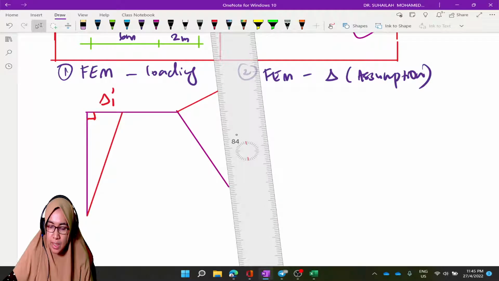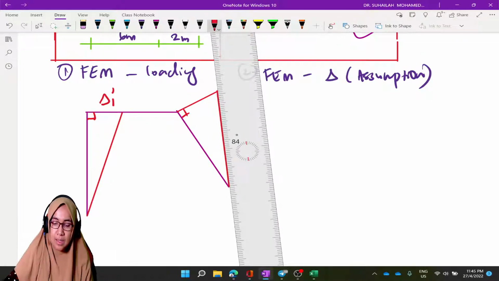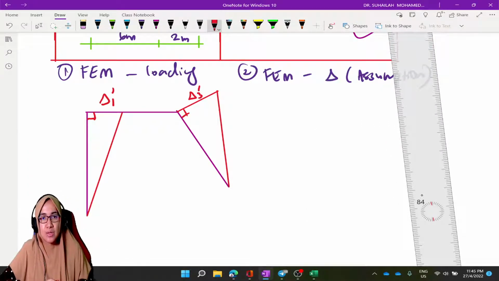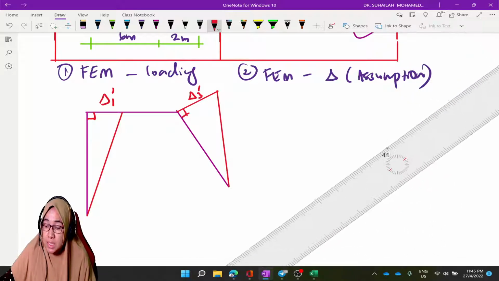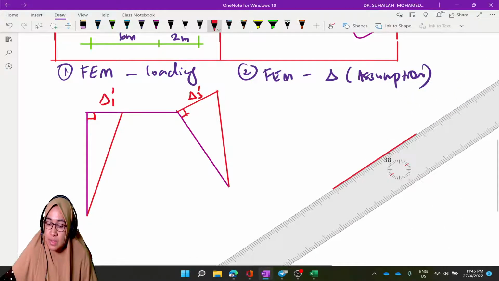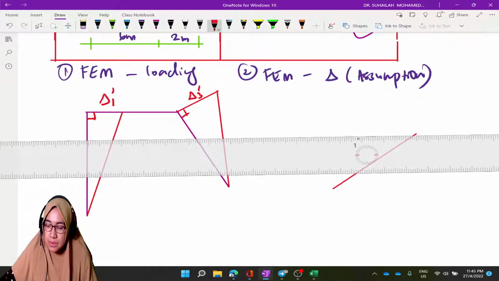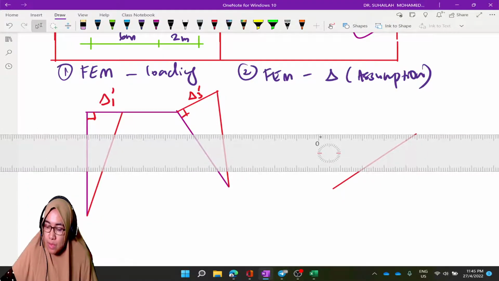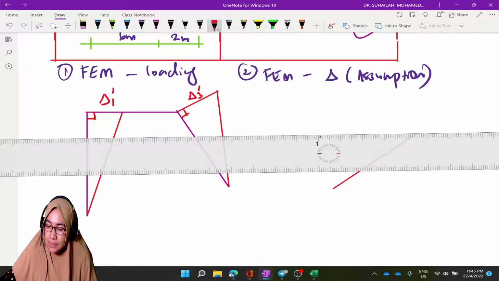This will be delta 3 prime. So delta 2 is always the vertical displacement. Like this. So I now want to combine the delta.